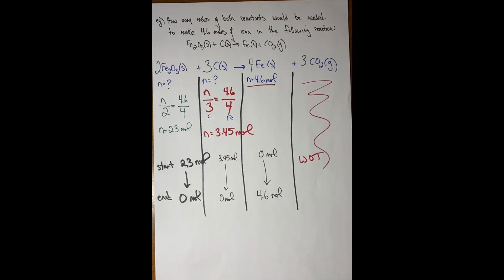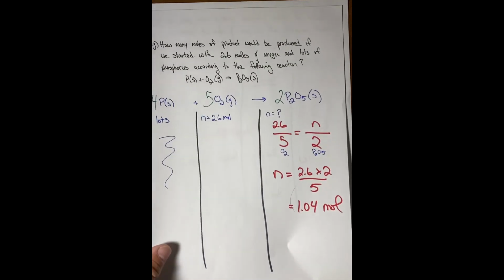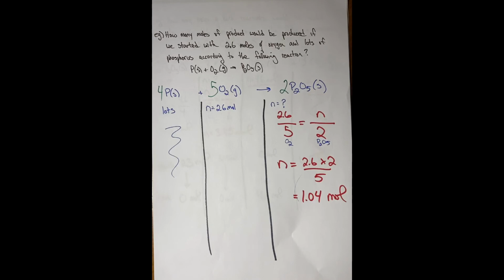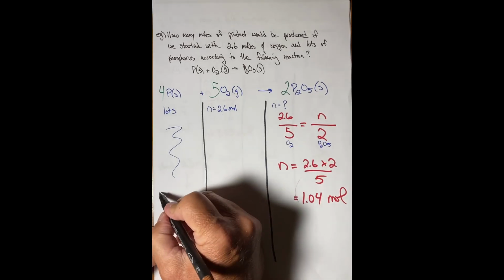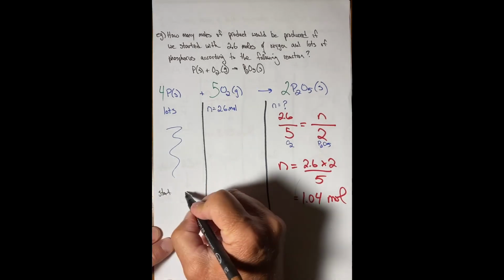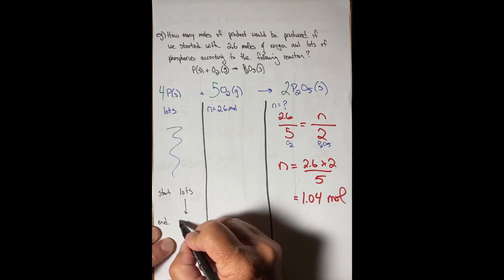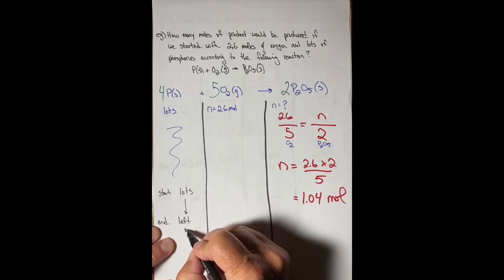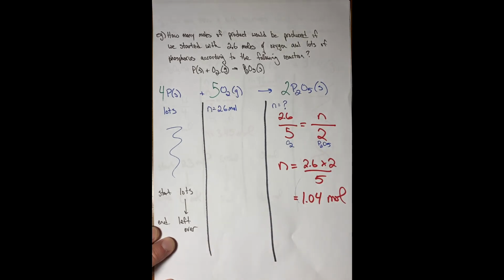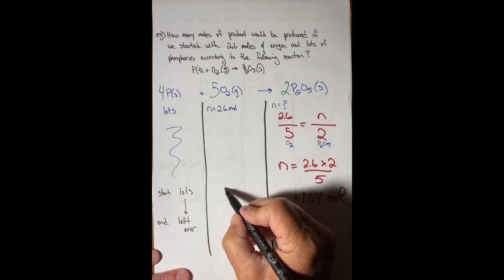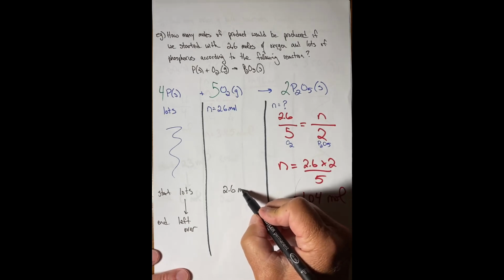Now, we can do that back to the first example as well. Now, I know that at the start, we have lots of this. And in the end, we're going to have leftover. That's the whole point of having lots of it. We don't worry about it running out. At the start, we're going to have 2.6 moles of this, right?